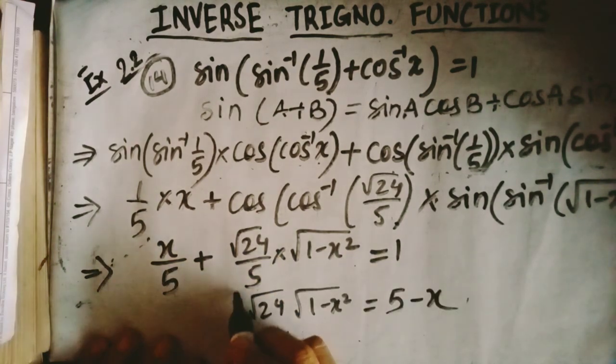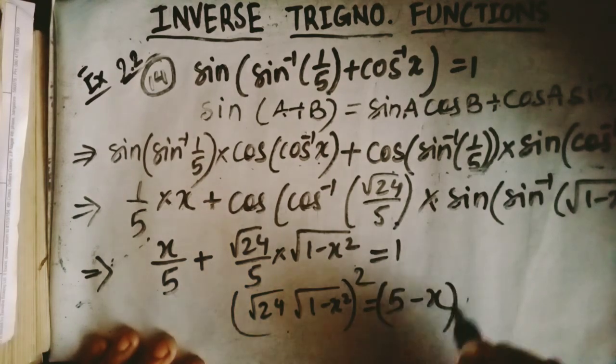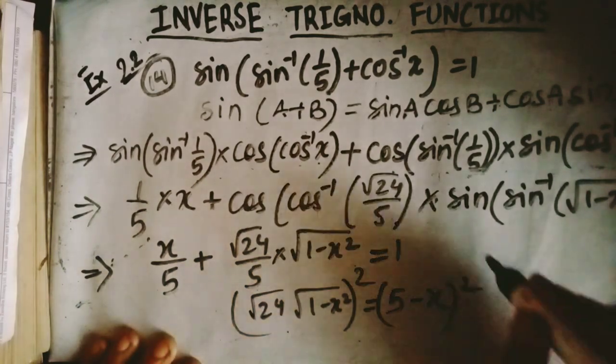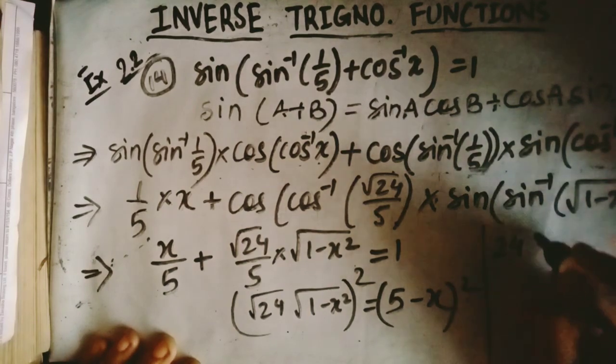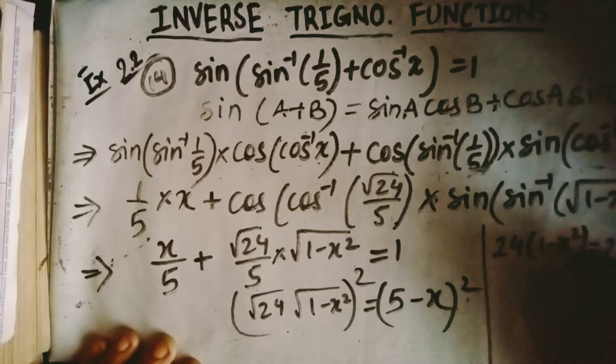Okay. Squaring both the sides, we will get 24 into 1 minus x square equal to 25 minus 50x plus x square.